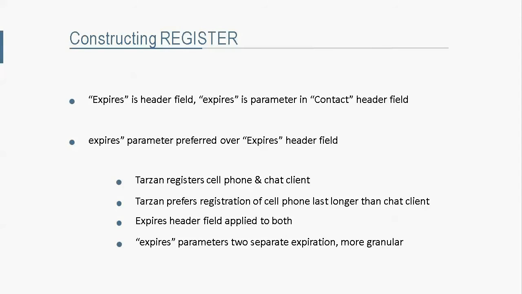So there are two entities in question. One is a header field and the other is a parameter in a Contact header field. Both are called the same, but the header field naturally is written with a capital letter, Expires, whereas the header field parameter is written in small letters, expires.